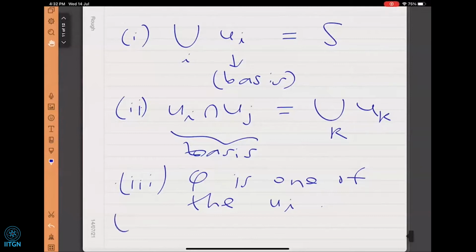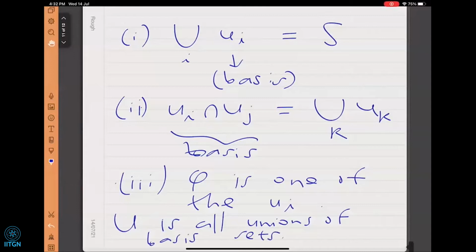So then U is all unions of basis sets. So we sort of reduce the problem of finding or listing all open sets to the problem of listing only the basis of open sets, and that's called a basis for the topology. So I hope that point is clear.